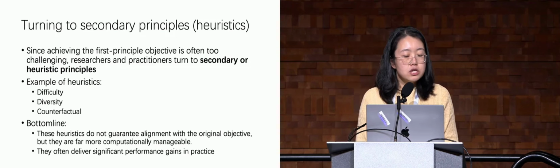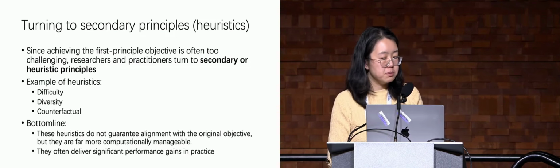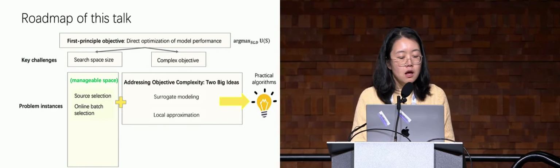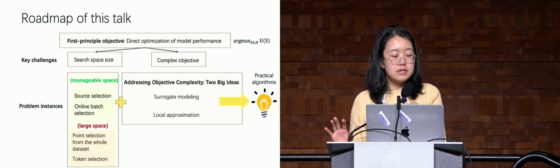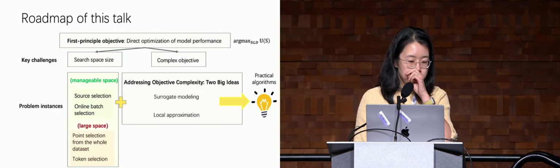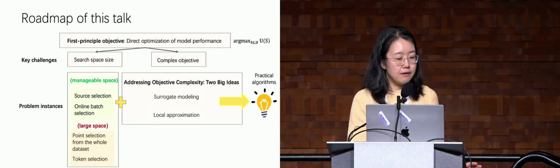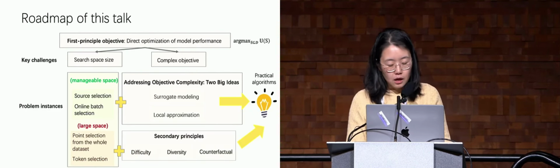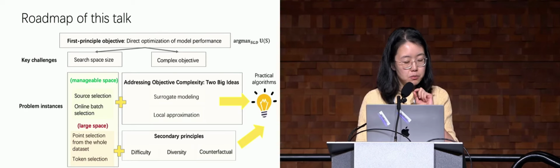So because it's so challenging to apply first principle objective for this large space, practitioners usually turn to some secondary or heuristic principles. Here are some heuristics: difficulty, diversity, counterfactual, which I will dive into in just a moment.